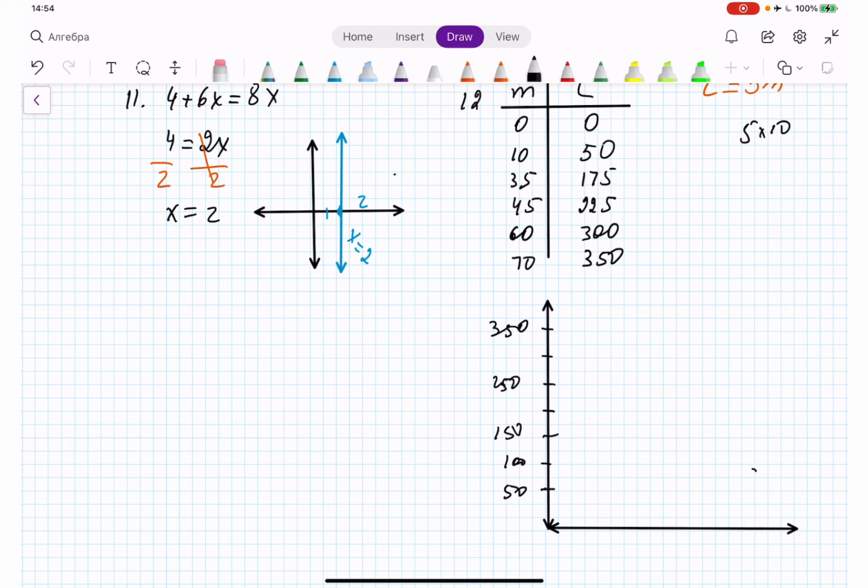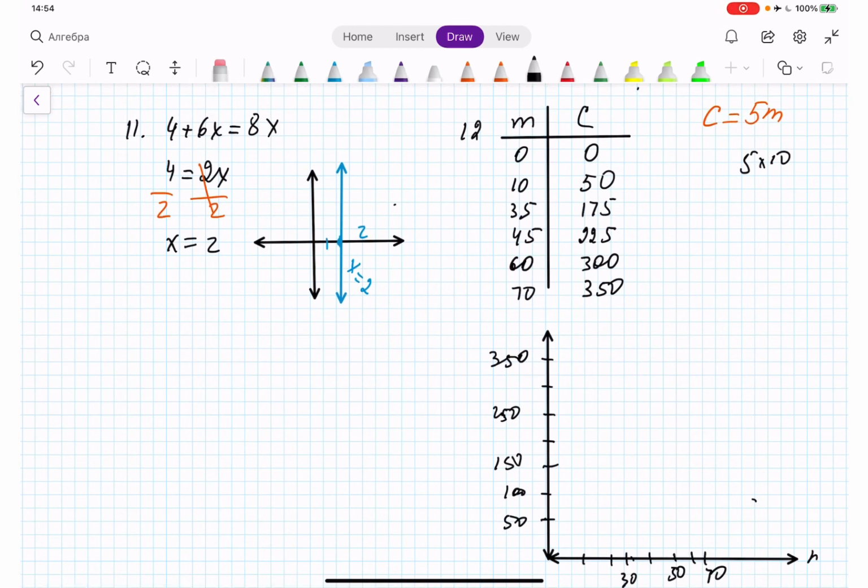So here it's going to go 10, 20, 30 minutes, 40, 50, 60, 70. So build the graph.